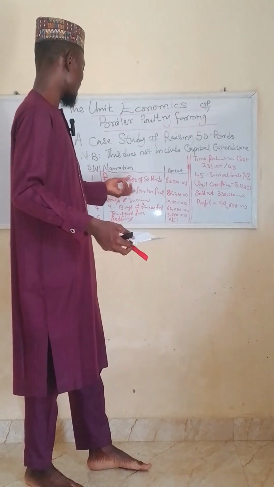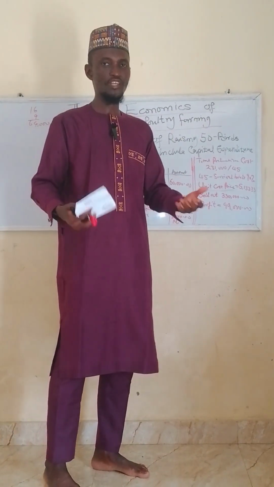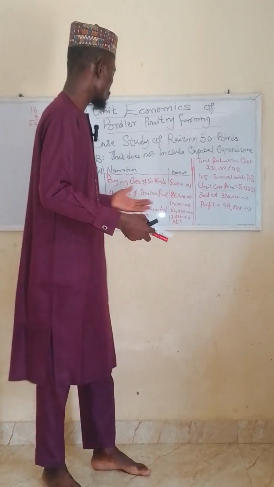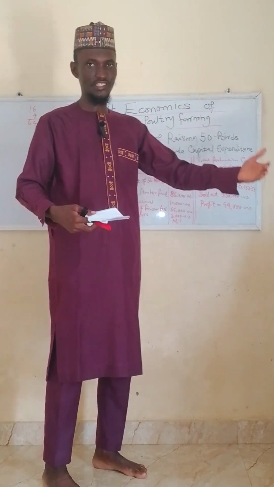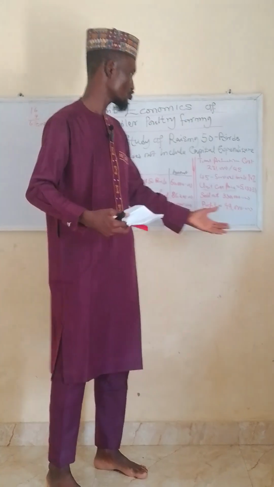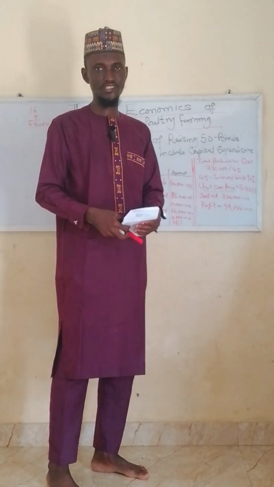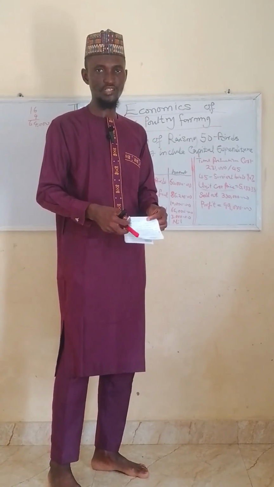This starter feed, I've known a place where I can buy it cheaper, and that is going to reduce the input cost, and it's going to shoot up the profit in the next cycle and the next project of production at hand.